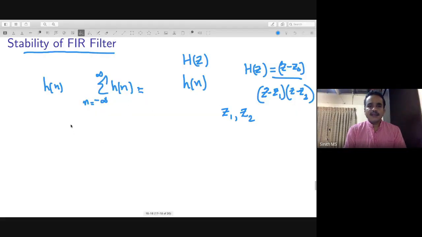So in the case of an FIR filter, can you tell whether the FIR filter has zeros or poles?